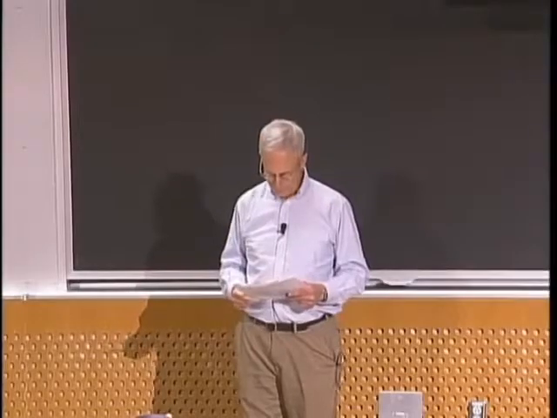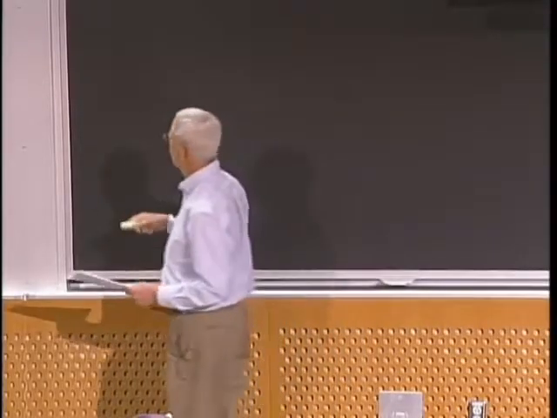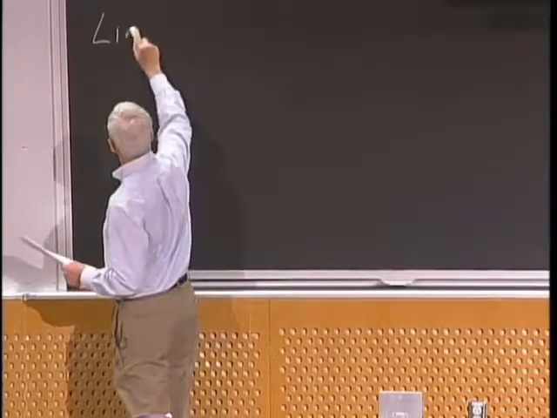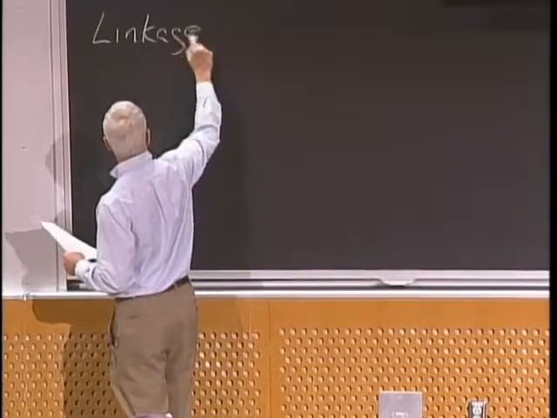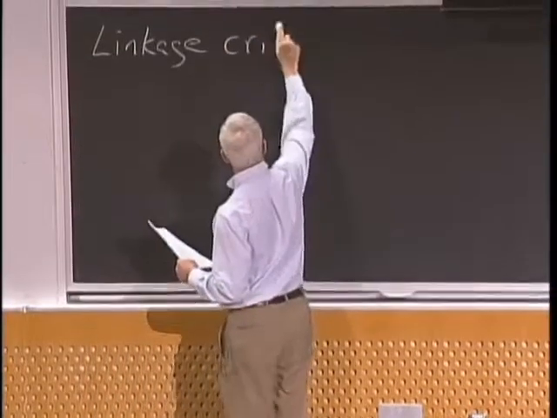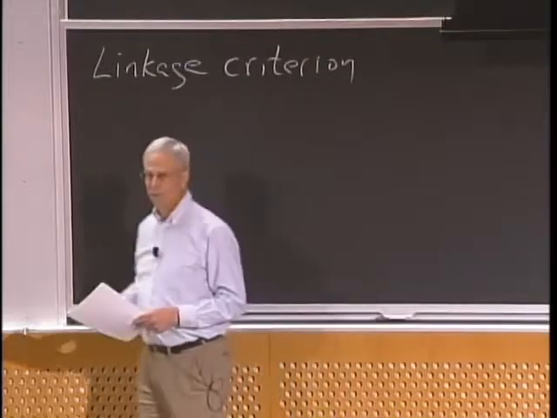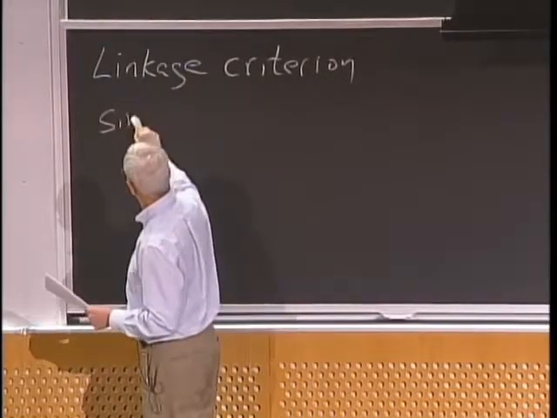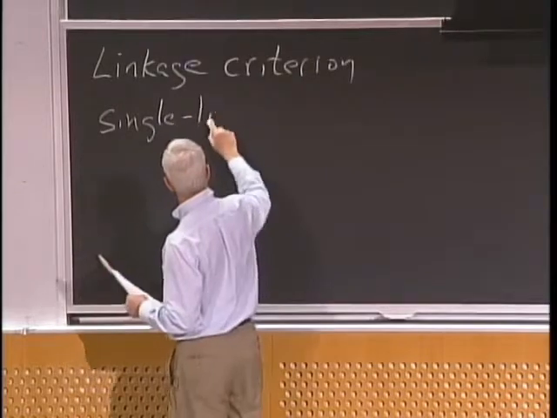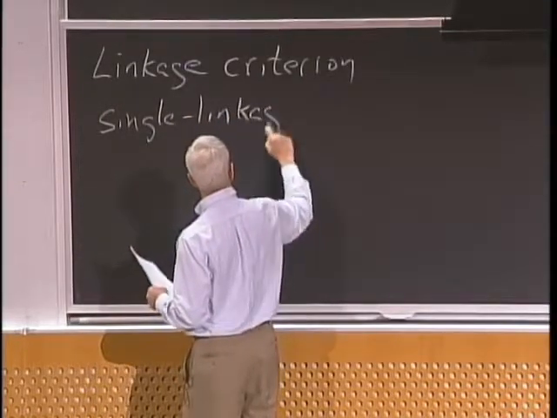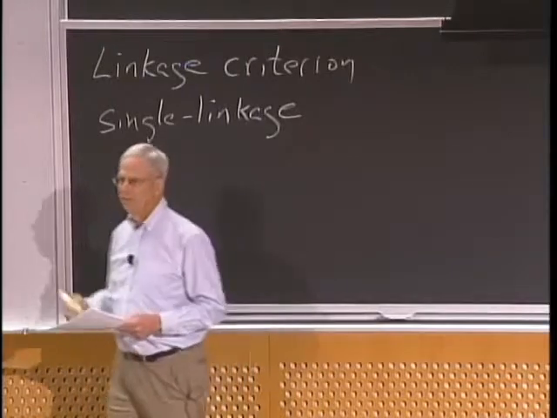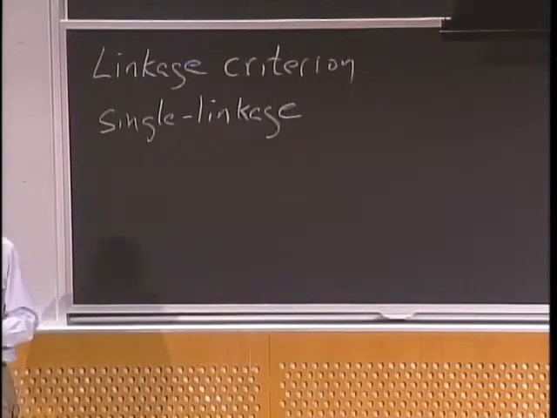And in fact, different metrics can be used to get different properties. So I want to talk about some of the metrics we use for that. These are typically called linkage criteria. All right, so one popular one is what's called single linkage. It's also called connectedness or minimum method.